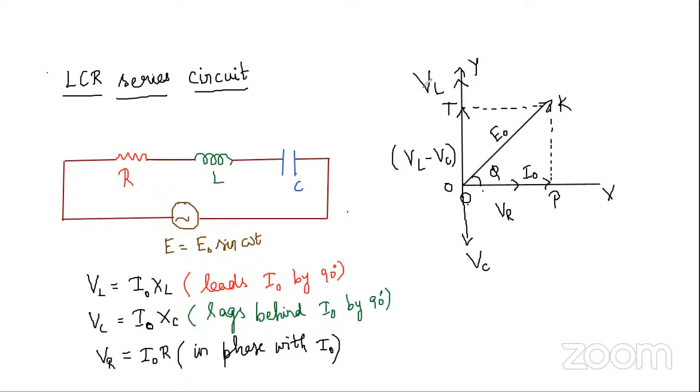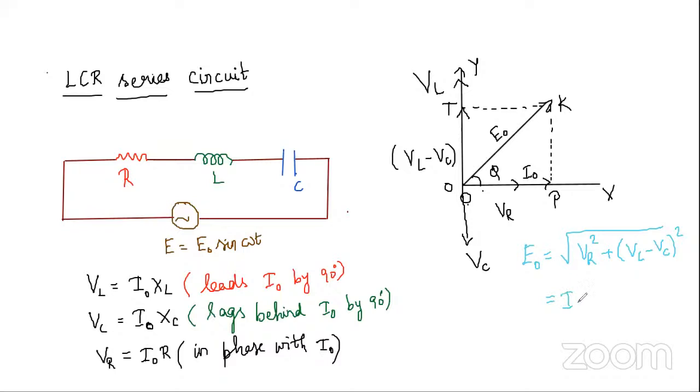So now I will be writing the expression for applied EMF. So E naught is equal to square root of VR square plus VL minus VC the whole square.